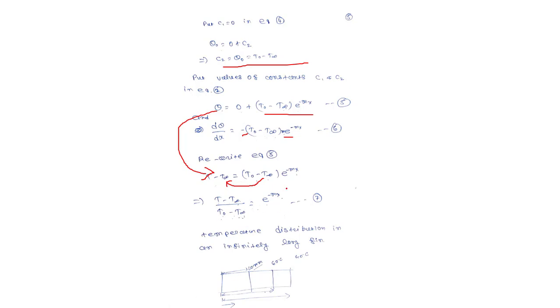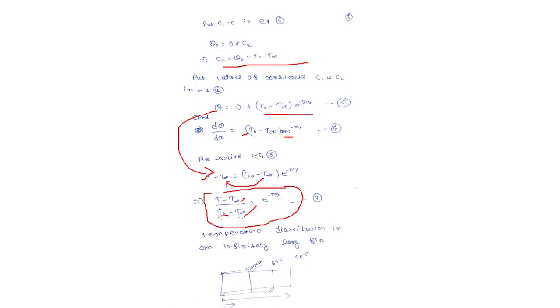So this is the temperature distribution for an infinitely long fin, and here if we want to find the temperature at a particular distance, we know the atmospheric temperature for that system.